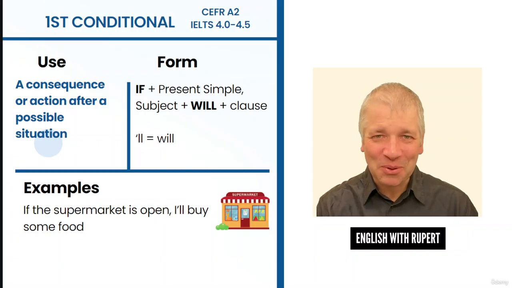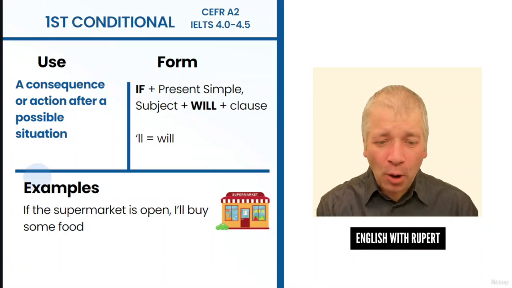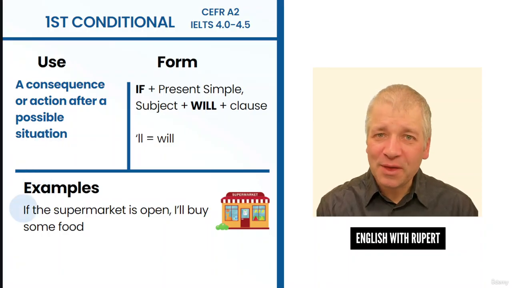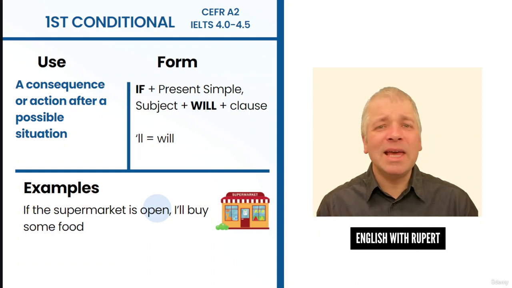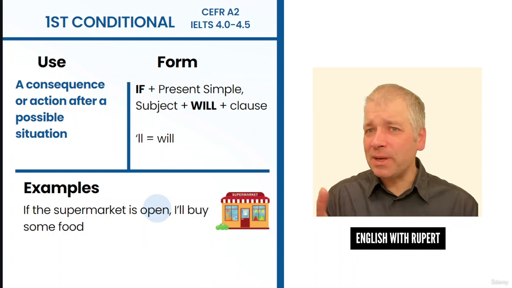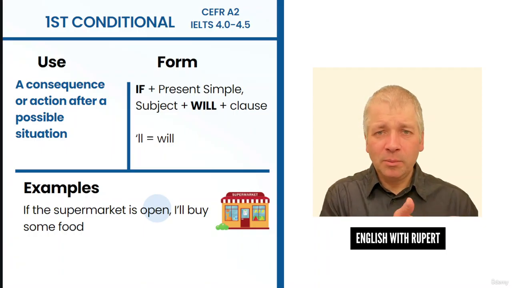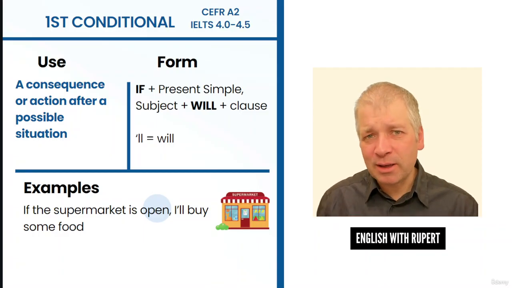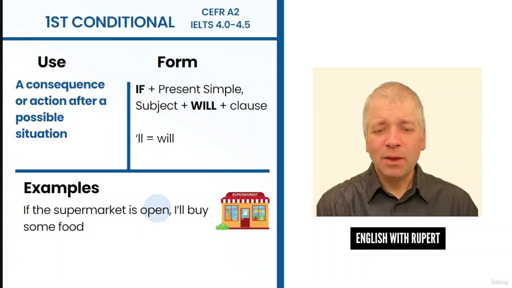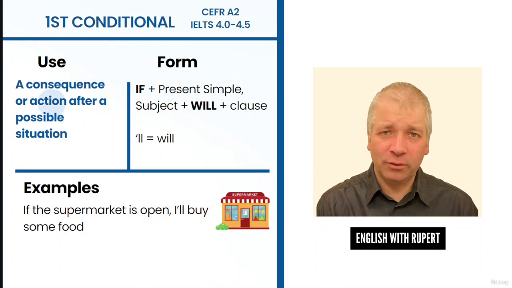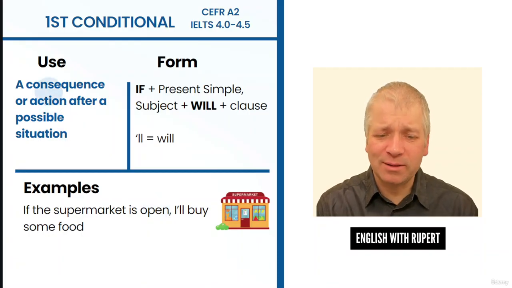Let's look at our example again. The possible situation starts with if. If the supermarket is open. So we mean it's possible. Maybe it's open, maybe it's not open. But if this sentence is true and the supermarket is open, then we can do this action, or there is this consequence.